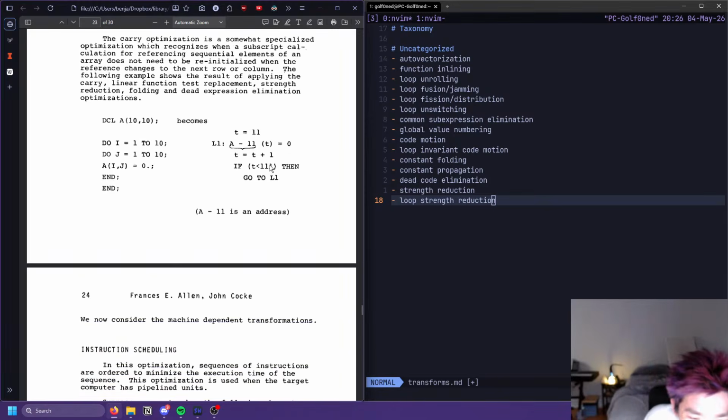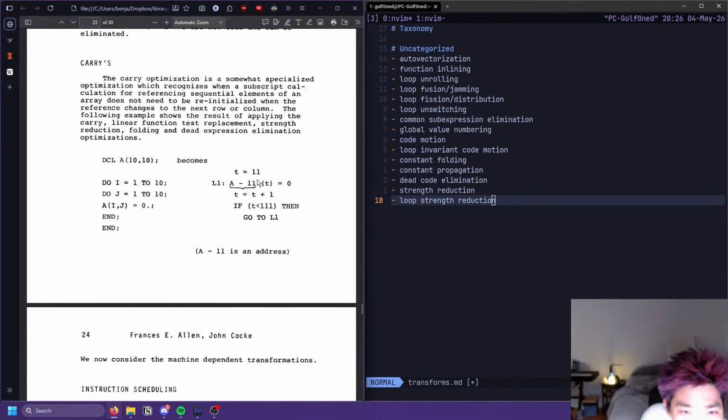Wait, what is happening here? Subscript calculation does not need to be reinitialized.